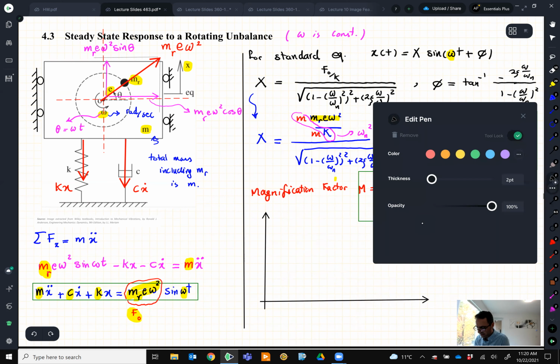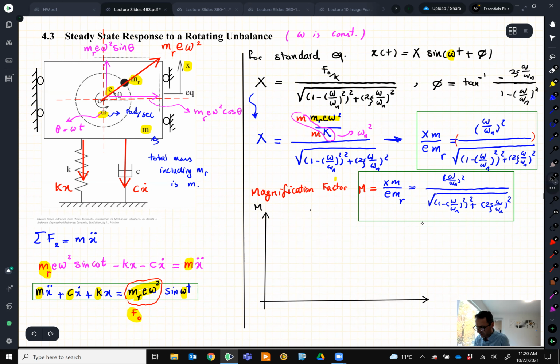This guy then is M, and we know M for us means X over M_e over M_r, which we like to plot. And this is omega over omega_n, which some people just show by R for simplicity, like this ratio.